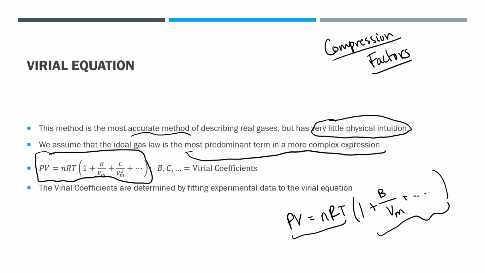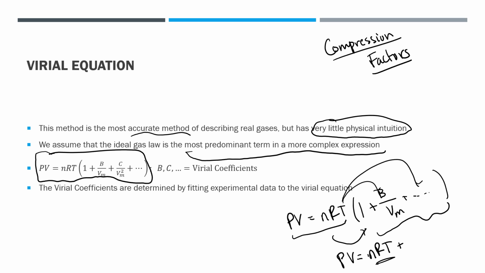But one thing I want to note that is important here is that if we multiply this out, our first term is PV equals nRT. Then we have another term added. But nRT is our first term on the right side, the most predominant term.